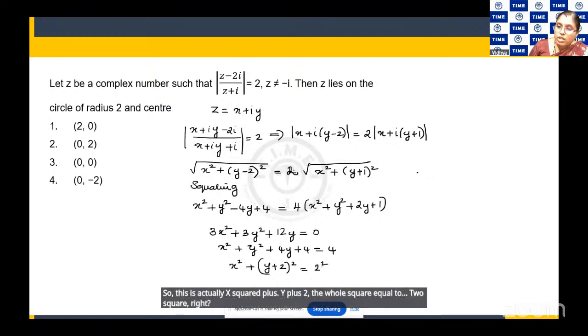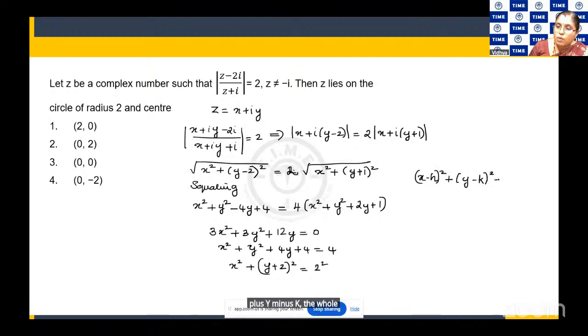So this equation is of the form (x minus h) the whole square plus (y minus k) the whole square equal to r square, where this is a circle with center (h, k) and radius r.